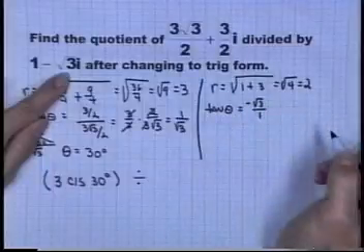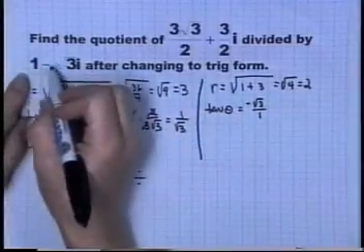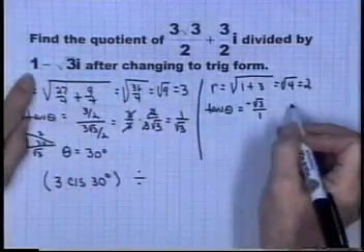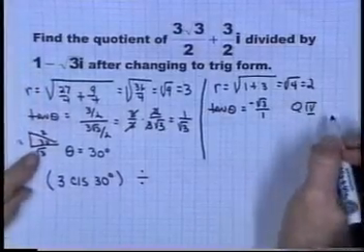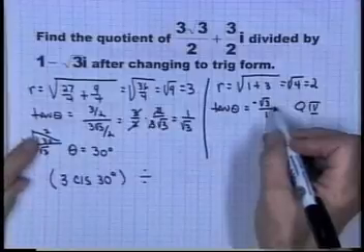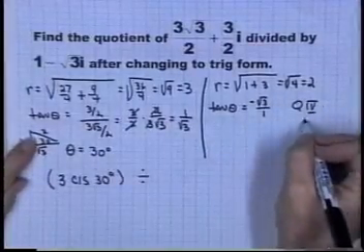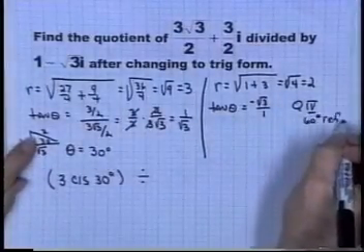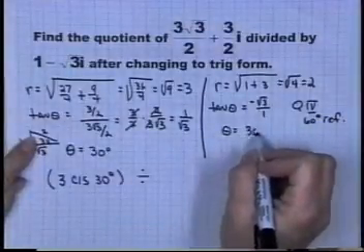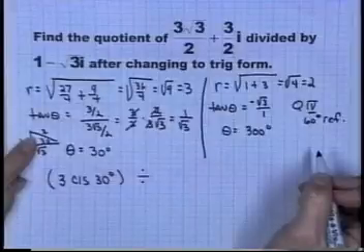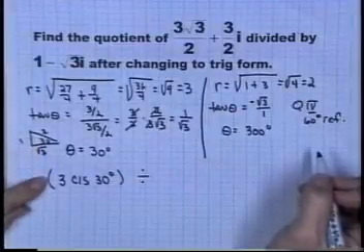I'm sorry, that was negative square root 3. If x is positive and y is negative, that's quadrant 4. So what's going to have a tangent of square root 3 over 1? That's going to be 60 degrees as my reference. But if I'm in quadrant 4, my theta is going to be what? 300 degrees, isn't it?